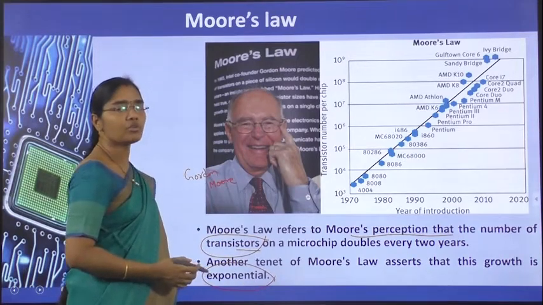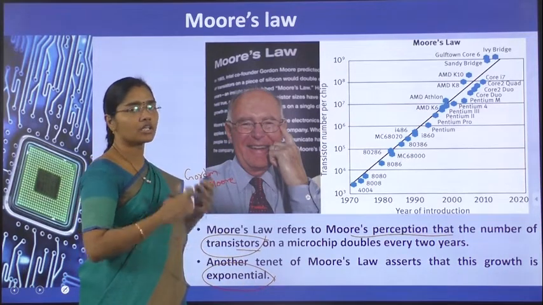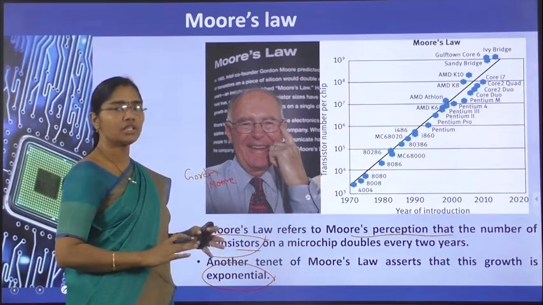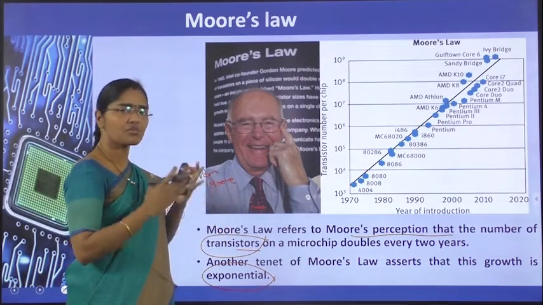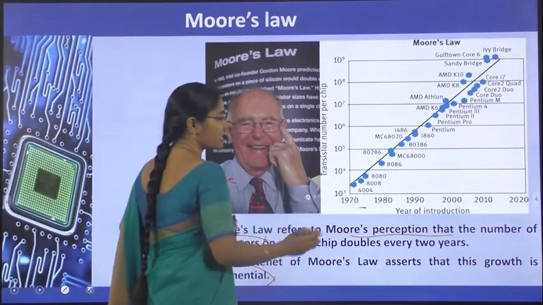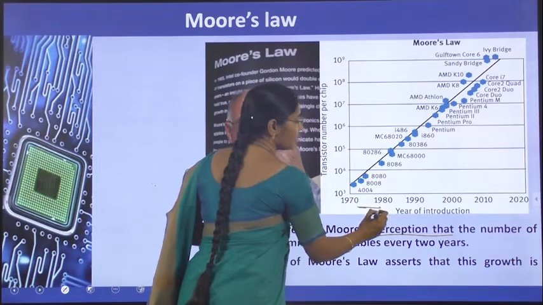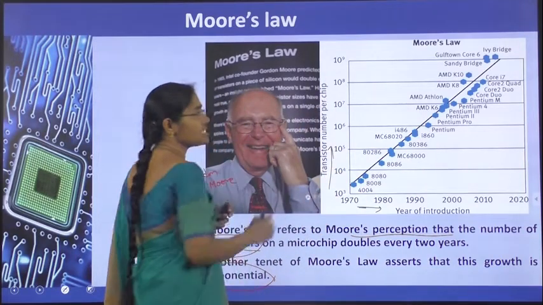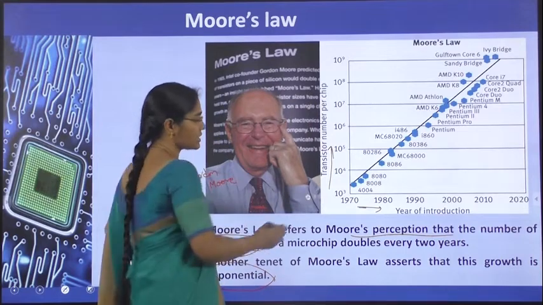That means the number of transistors on a floor increased exponentially. Because of that reason only, those many circuits became smaller in size. With this graph we can understand that over the years the number of transistors on a single chip increased exponentially.